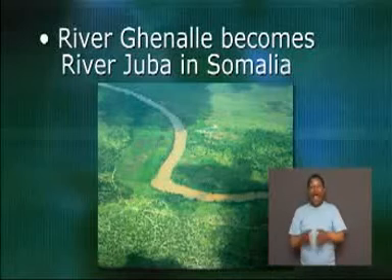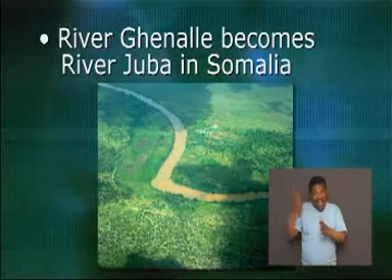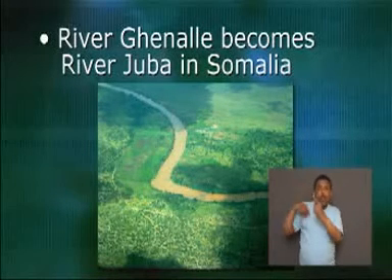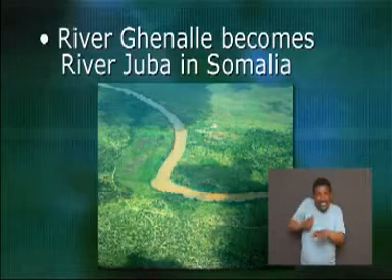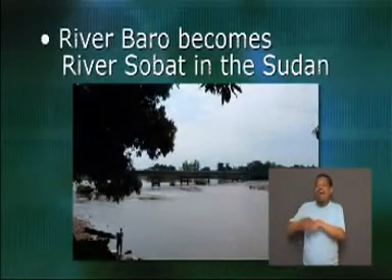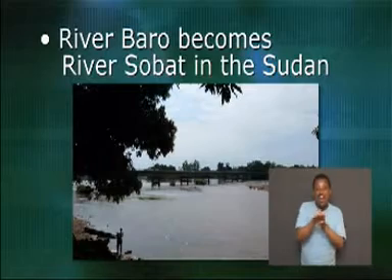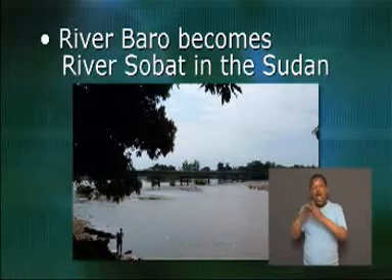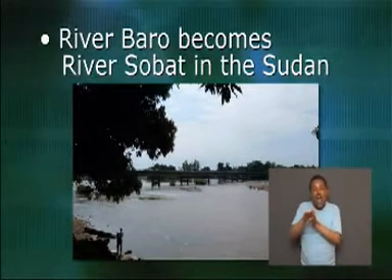Once the river Ganale flows into Somalia, it is referred to as the river Juba. Finally, the river Baro becomes the river Sobat in the Sudan. Great work, everyone.